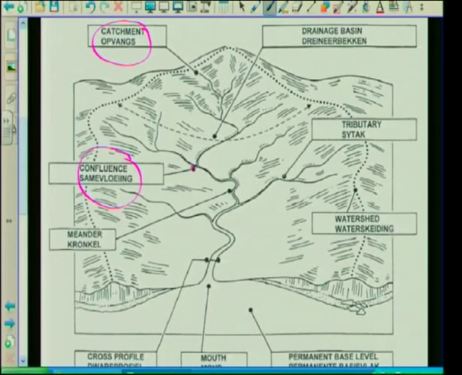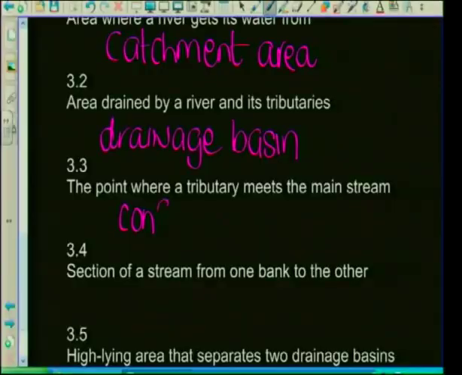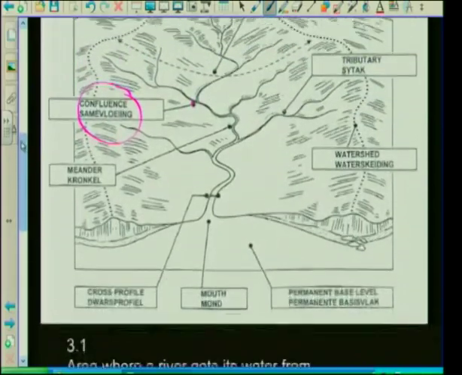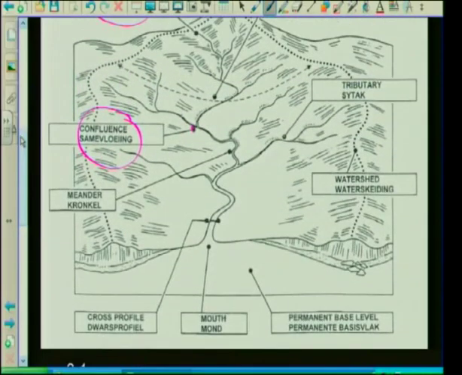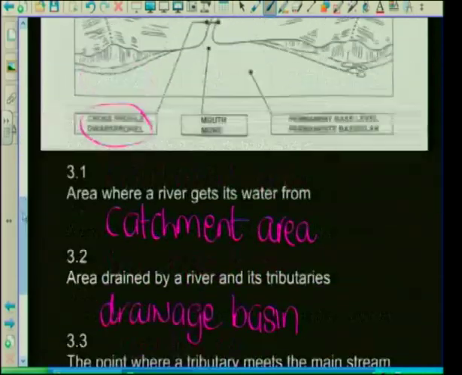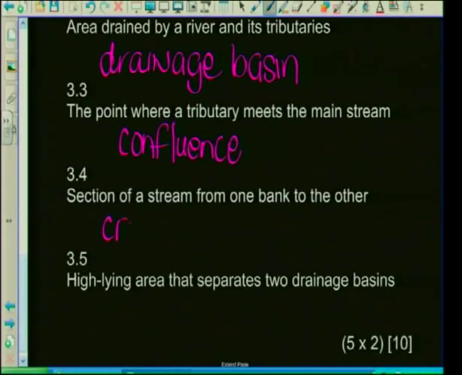So at any point where 2 rivers are meeting each other, it is referred to as the confluence of that river. Okay. 3.4. The section of a stream from one bank to the other, okay, is what we call the cross profile of that river. And if I were to draw you a cross profile, it's very simple.